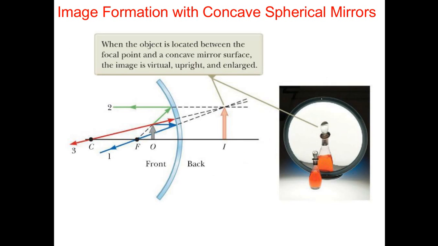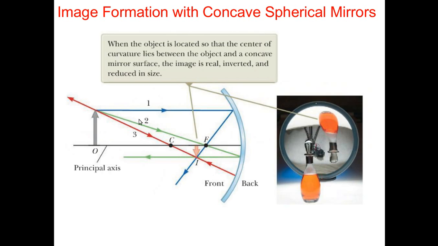What is the relationship between the object distance and the focal length? Is it outside the focal length? Is it a concave mirror? We have to know all these rules as far as how an image is formed based on the type of mirror and the relationship between the object distance and the focal point.